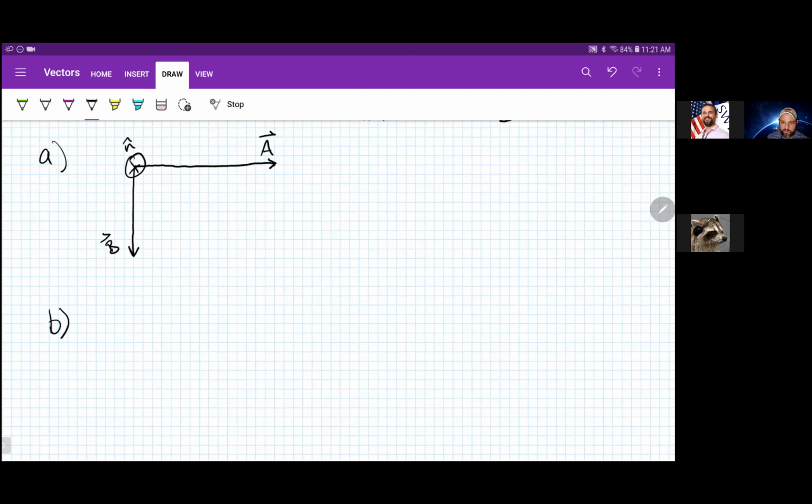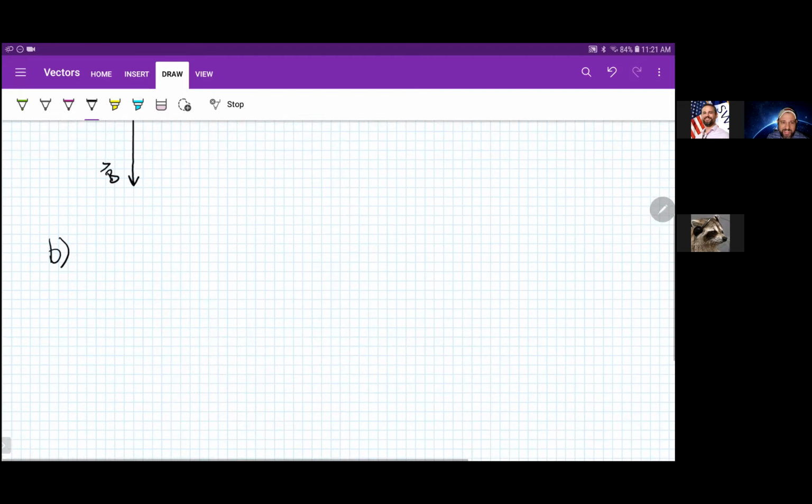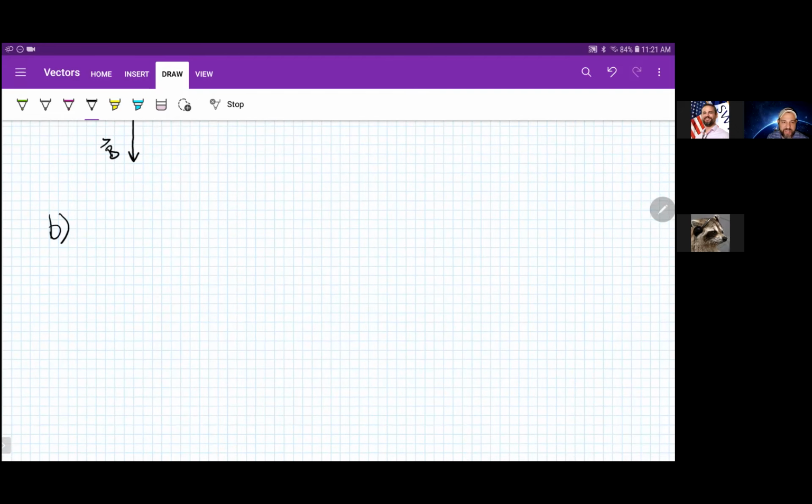So let's try the second one. Vector A lies along the negative x-axis. So now A is going this way. You guys try this and tell me what you get. Just type in the chat into the page or out of the page for N hat. And then B's still going in the negative y. So you guys play around a moment.